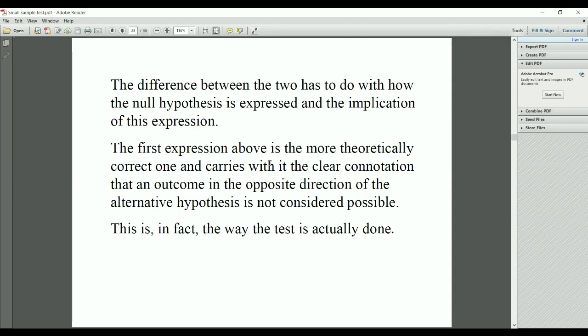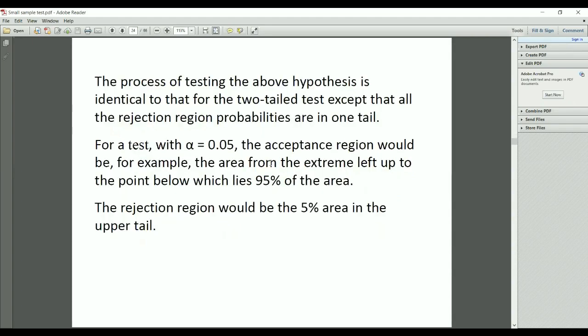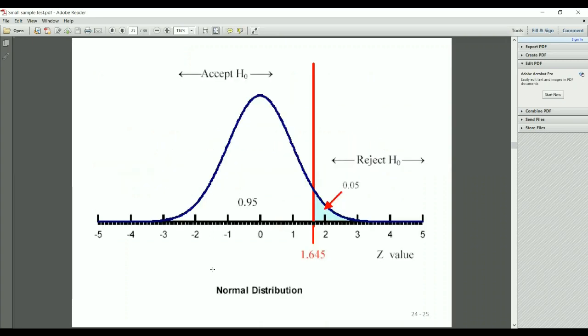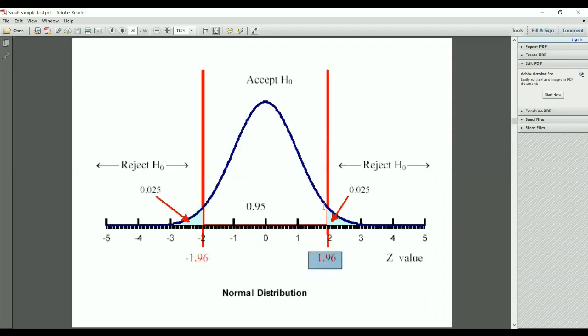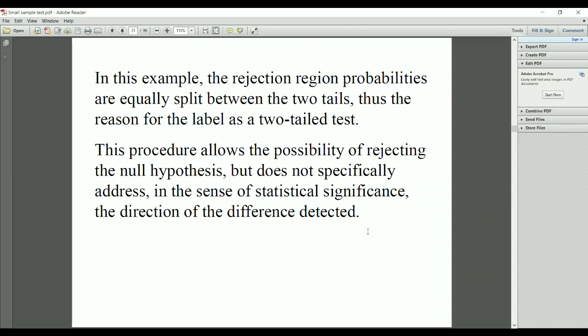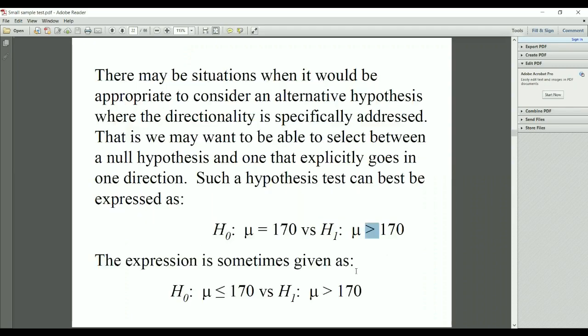So with 0.05, the acceptance region is 95% of the area and the rejection region is 5% of the area, that is the upper tail, because this is one tail, greater than 170.